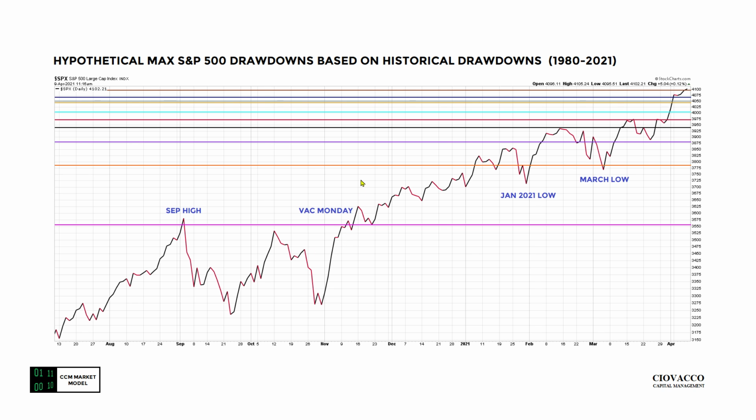This is the Vaccine Monday high. This is the September high from 2020. Not using this to predict anything, it gives us logical reference points to understand bullish probabilities, normal pullbacks within the context of history, and abnormal pullbacks within the context of history that would shed light on longer-term bearish probabilities.